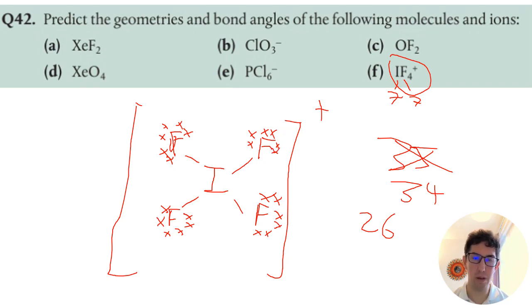So that's 24, with 2 left over, so that's 26 electrons put on. We can see how iodine is breaking the octet rule. It's got 10 electrons around it. It's perfectly fine. It's huge. It's got d subshells which can hold those electrons.